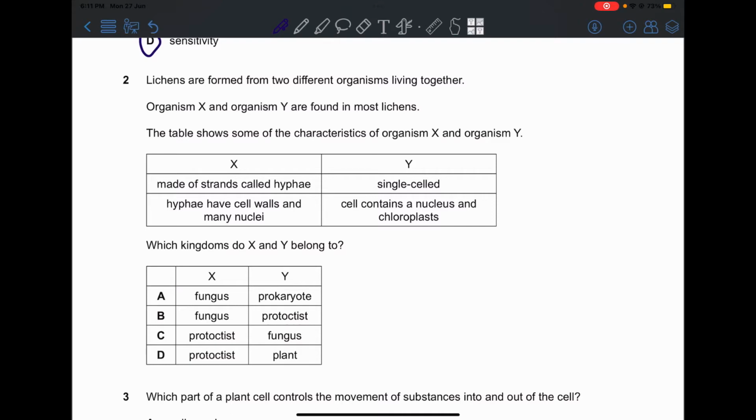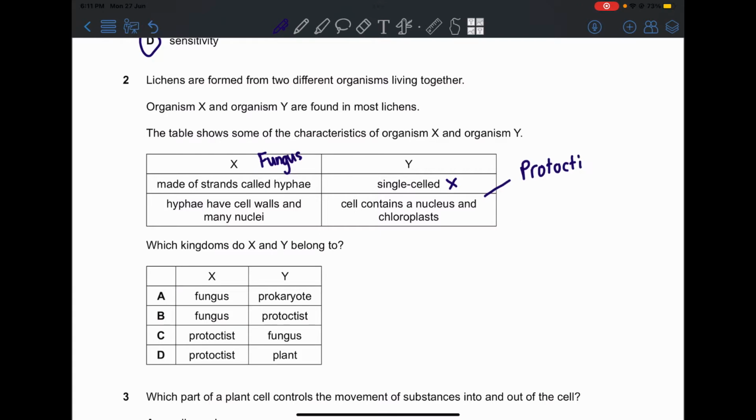So X indicates fungus, and we know that fungus has hyphae and it also has mycelium. Y is single-celled, and the cell contains a nucleus and chloroplast. Now this is not a plant cell. Plant cells aren't single-celled. They are multicellular, which means they have multiple cells. So this is going to be a protoctist and not a plant cell.